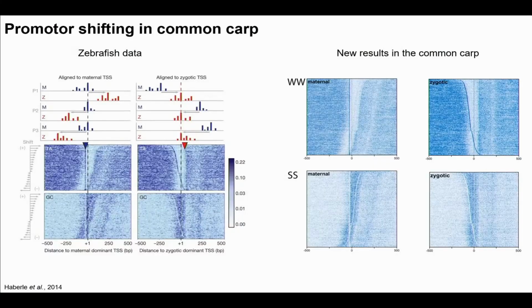However, we perfectly recapitulated these data in our carp samples and it looked practically amazing. The only question which we now have is, we now know, even though we had a whole genome duplication, that both of these grammars are still found on the same promoter, meaning that a lot of them didn't lose one of the grammars.